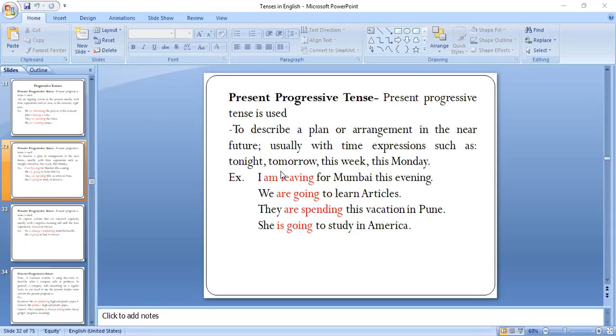For expressing this near future, we make use of continuous present tense or present progressive tense.